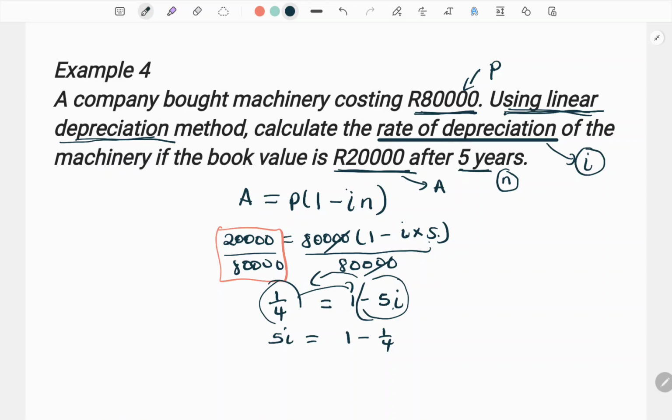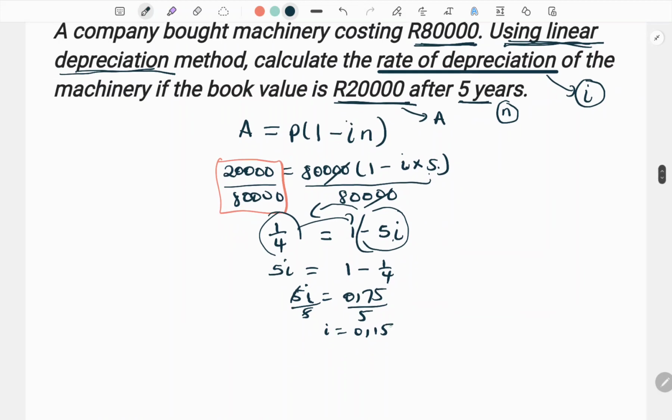If I'm correct, then 5i is going to be 1 minus 3 over 4, which is 0.75. Then you divide by 5. Then i is equal to 0.15.